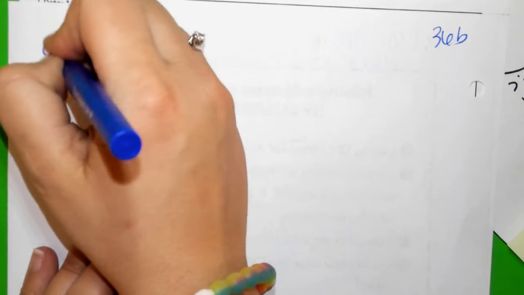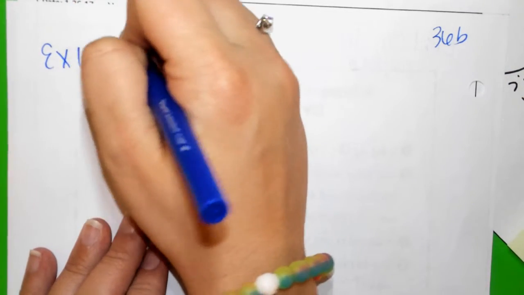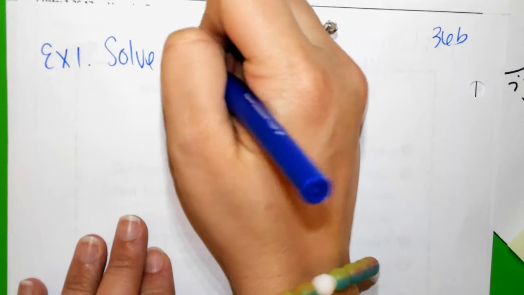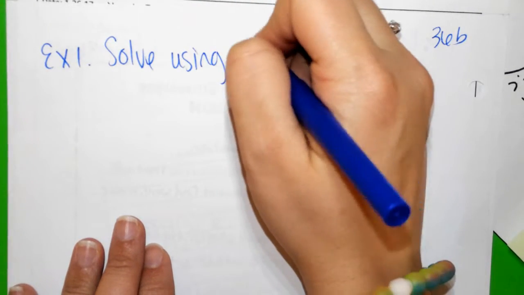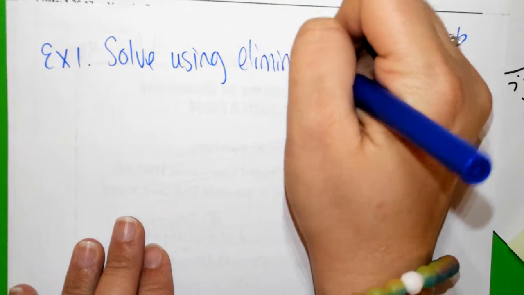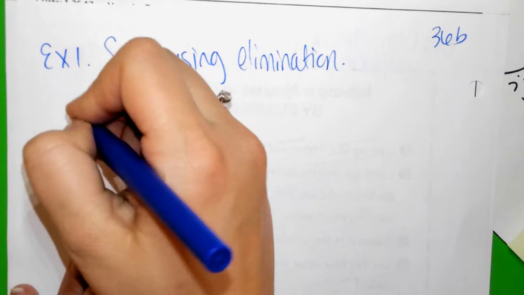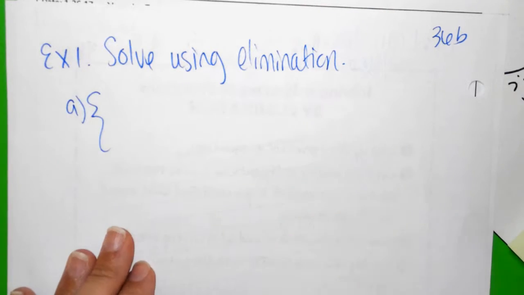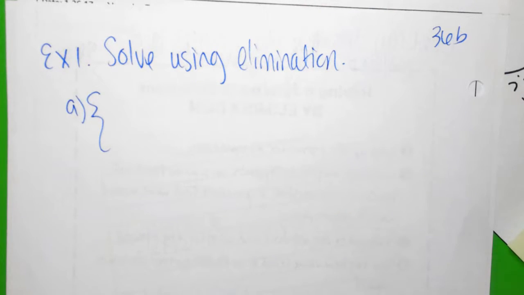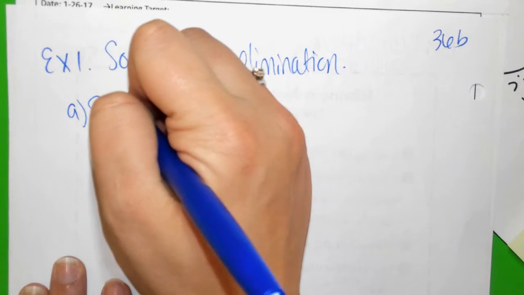All right. Example 1. Solve using elimination. All right, here's our first system. I do not want you to try it without me. I just want you to write it down. And then I have to take attendance because I forgot to do that.